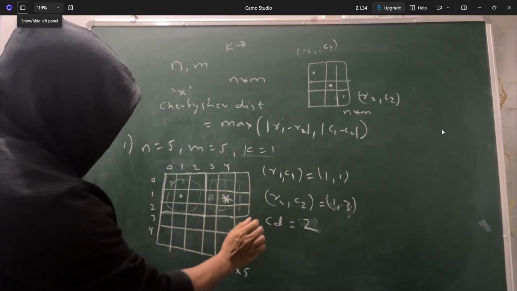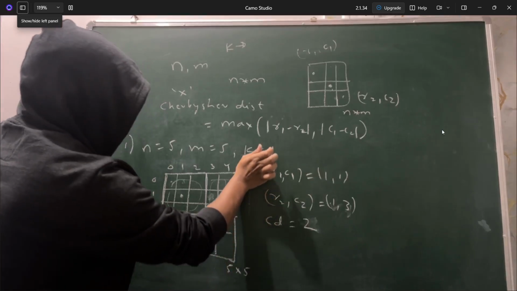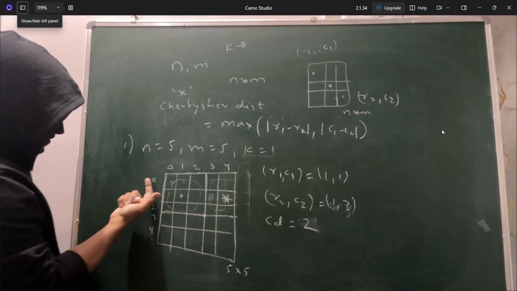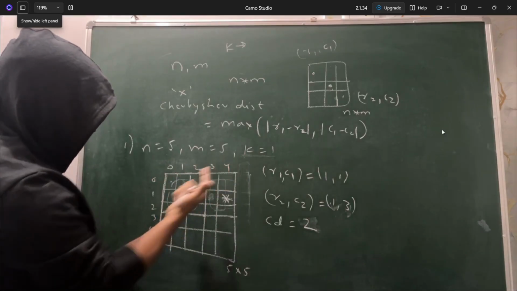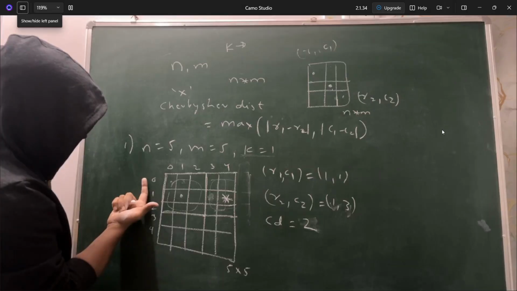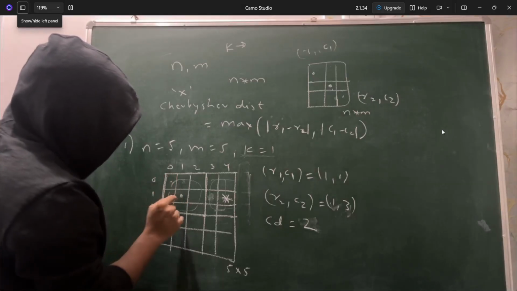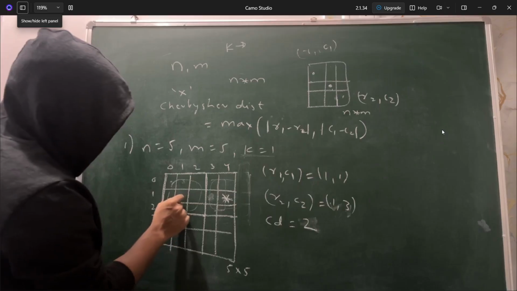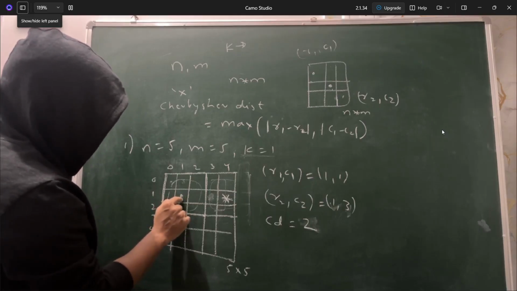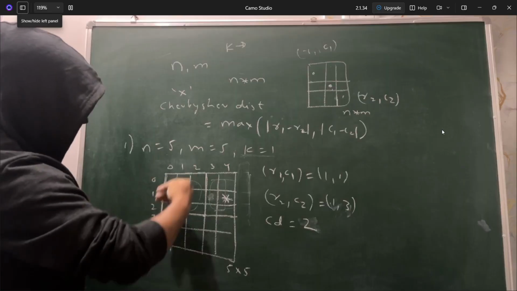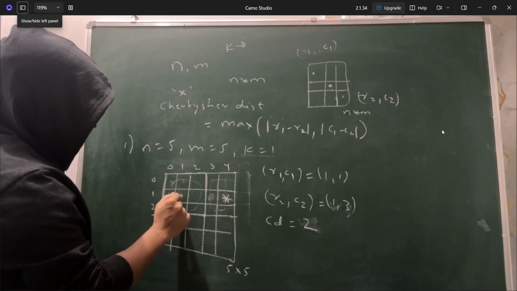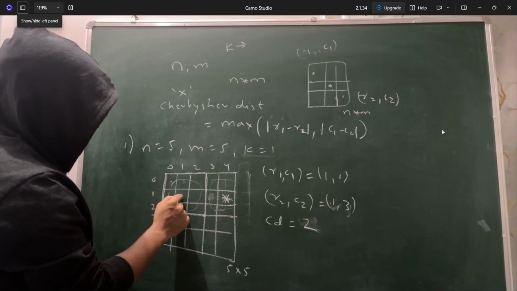So that's why greedily what we will be doing is taking k distance from the column and trying to put it. Here k is 1. We'll have to take k distance at this position, and downwards also, because whenever you put a sensor, it can cover up to k distance.